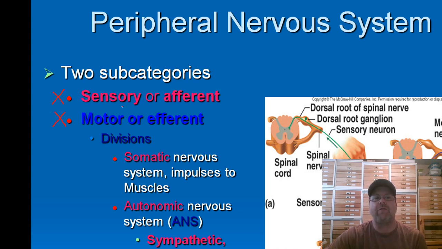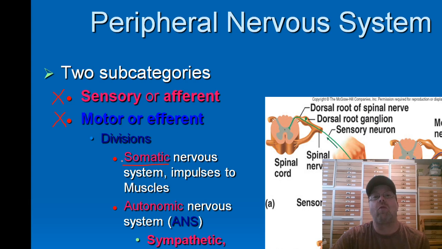Sensory is pretty straightforward. We're going to receive information from our body, send it up to our brain. Motor is a little more complicated. It's subdivided into several parts. So it says the divisions of the motor nervous system is going to be the somatic. Somatic means what you can control.